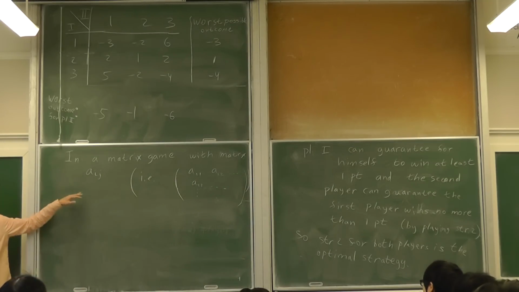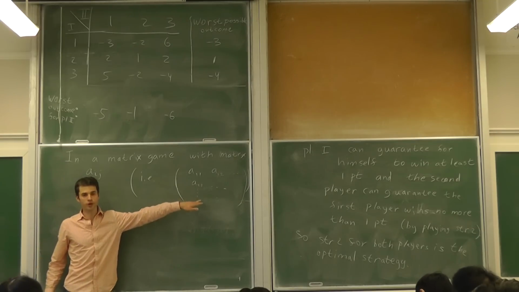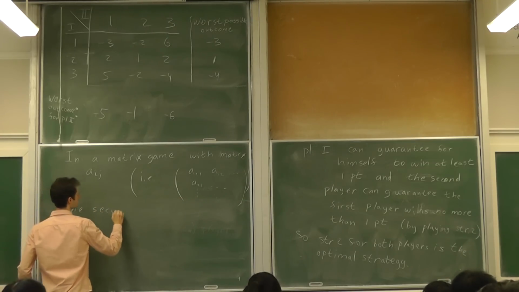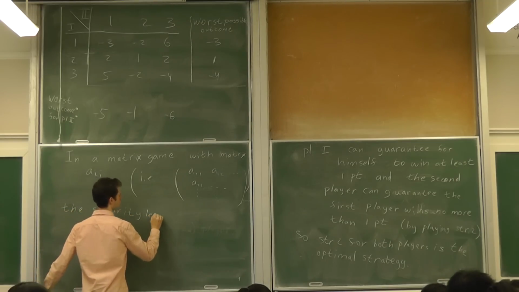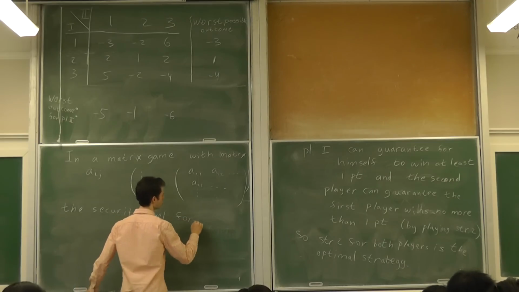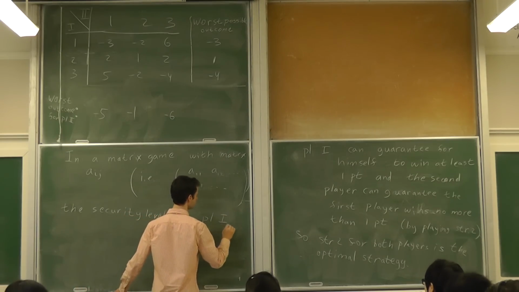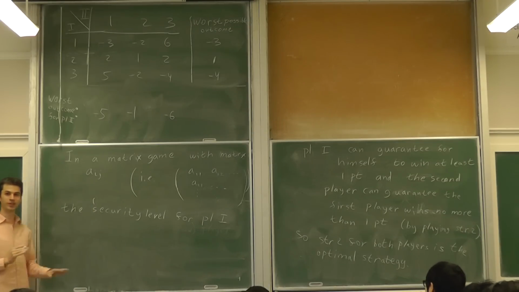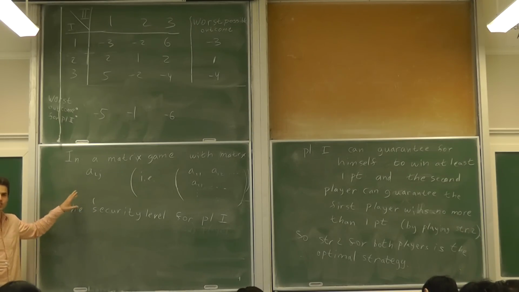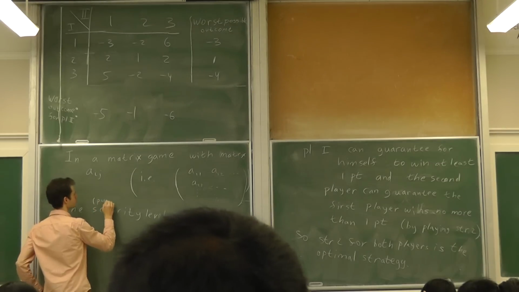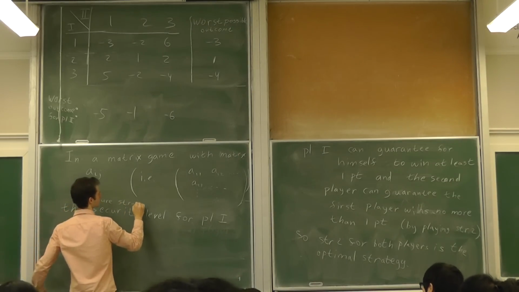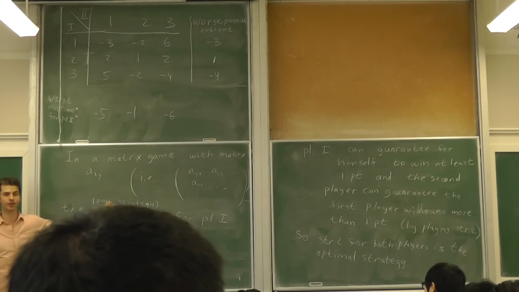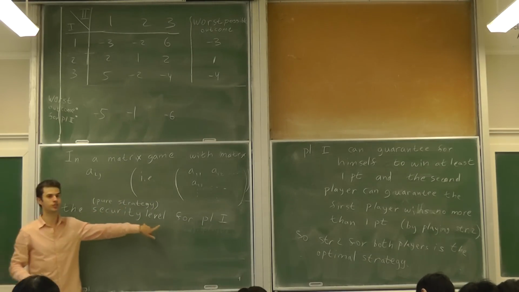So if I'm given a game with this matrix of outcomes, the security level for player number 1, and I will have to add some adjective here, pure strategy. I will explain later why I need to add this adjective, pure strategy, security level.